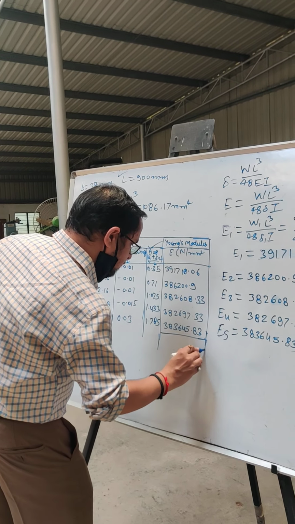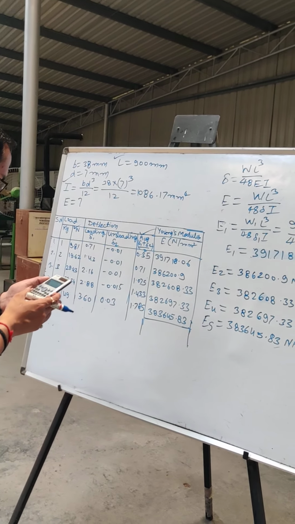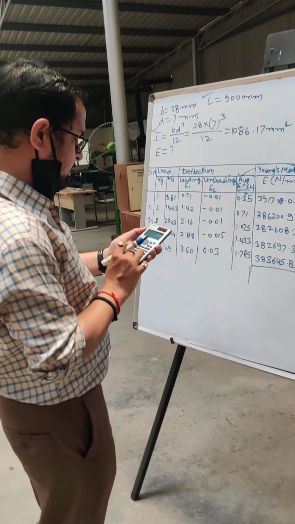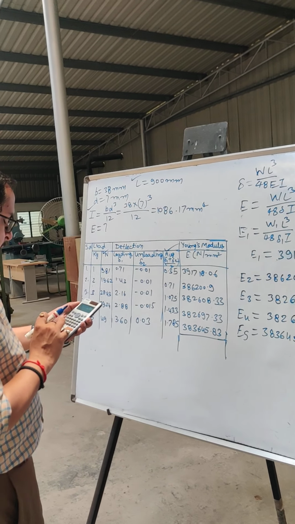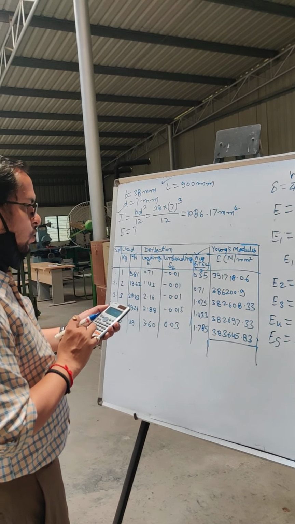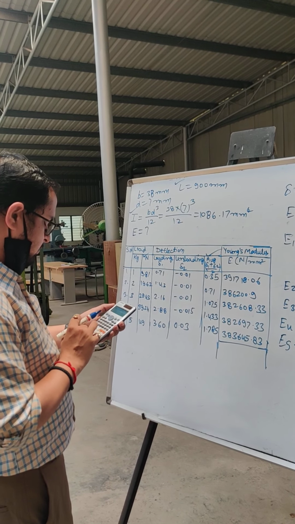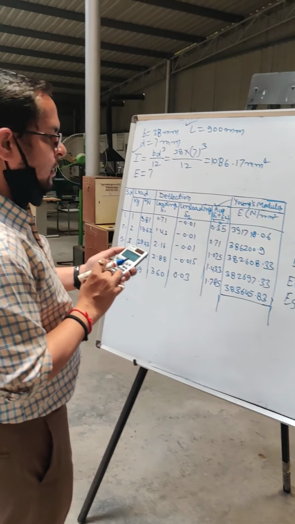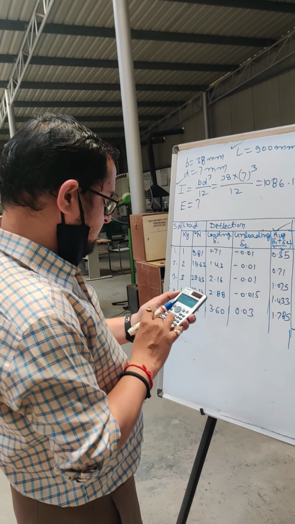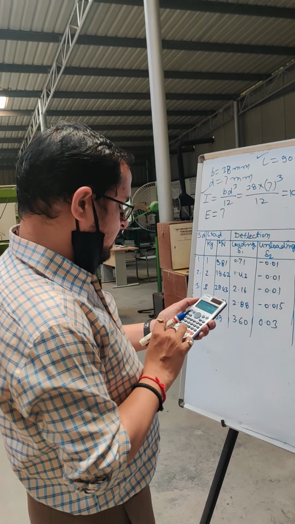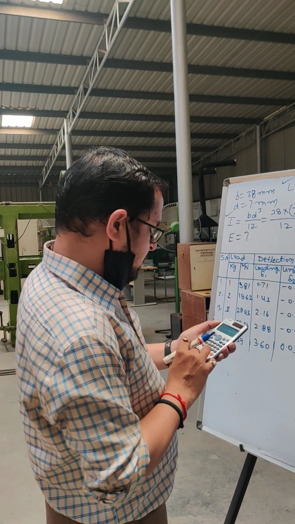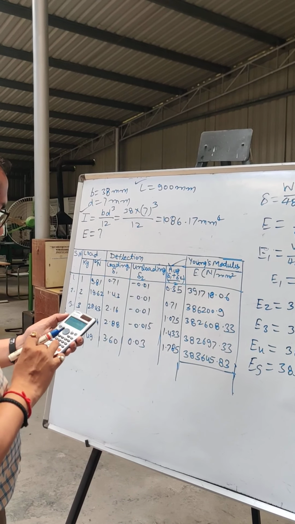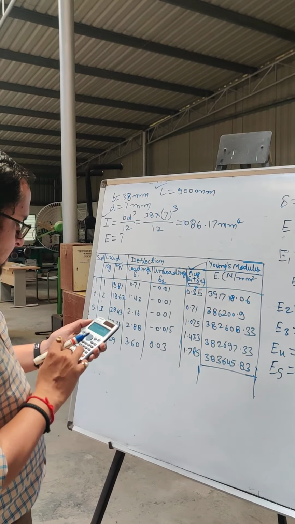So you have to take the average of all values. We are taking the average: 391,718.06 plus 386,200.9 plus 382,608.33 plus 382,697.33 plus 383,645.83.